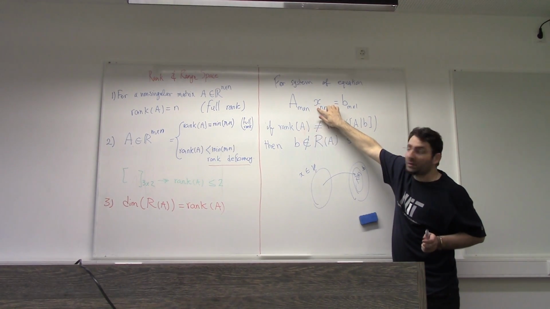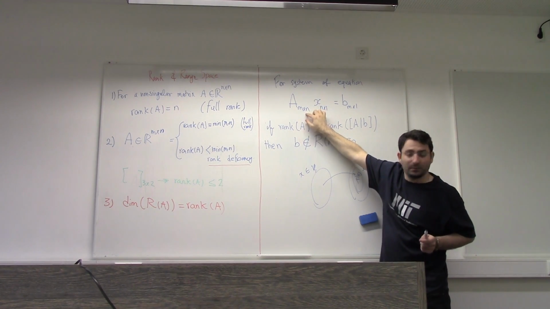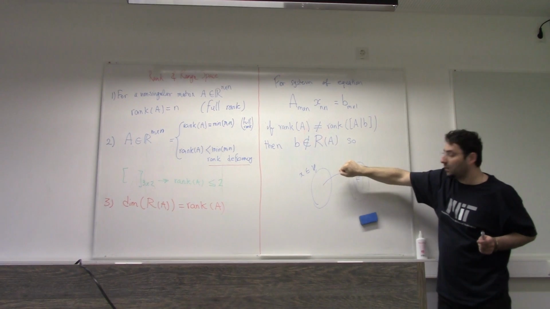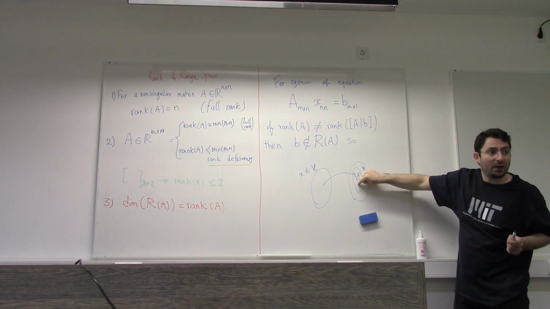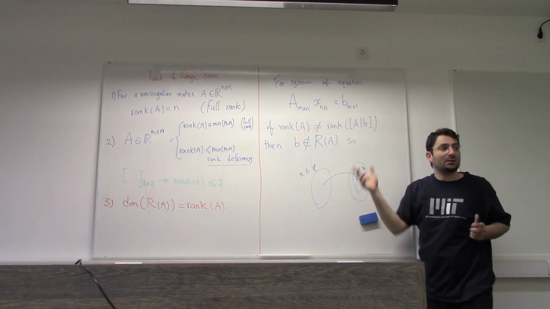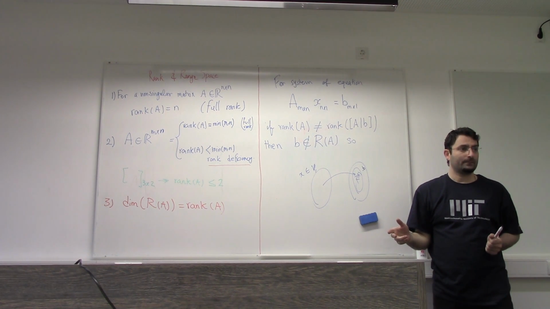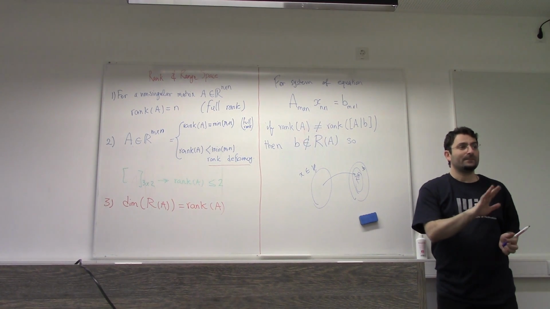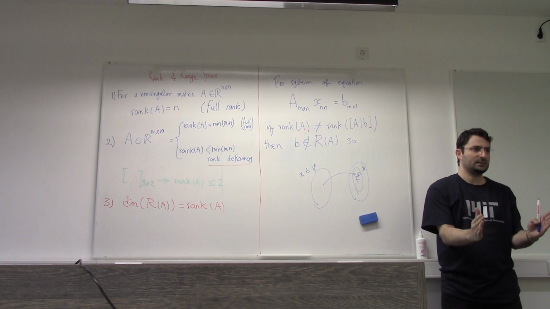A multiplied by X means that X is being moved by A into RA. But B is not in RA. And we say that AX should become B. So what do we conclude? The transformation is fixed.